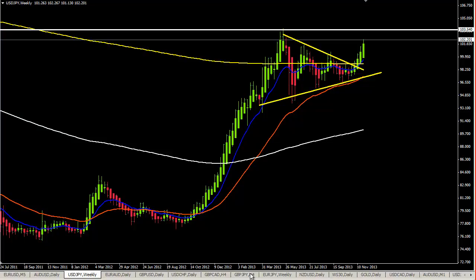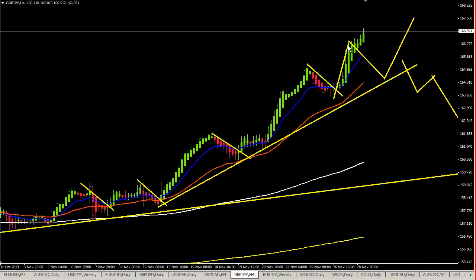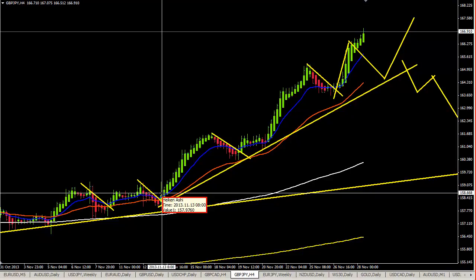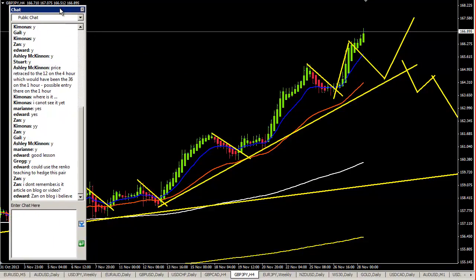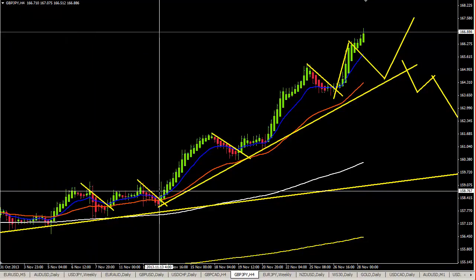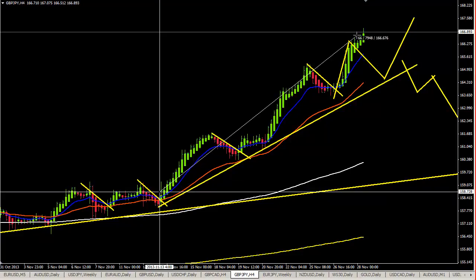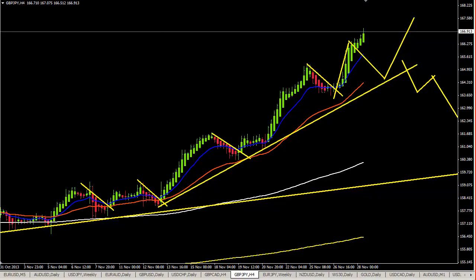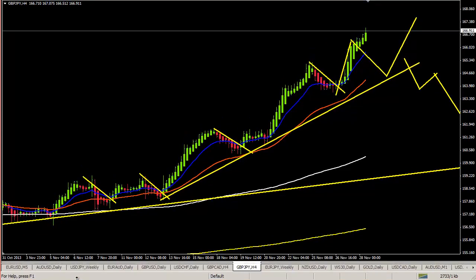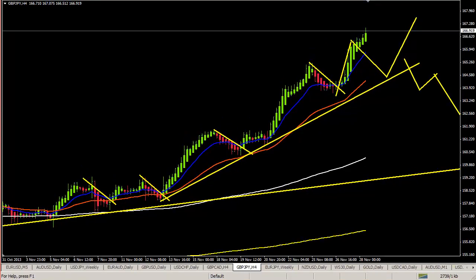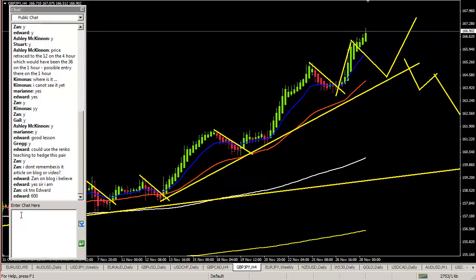Another really good example, of course, is the GBP JPY. It moved up again yesterday, and Edward is here, right? Edward, please tell me that you are still long from down here. That is about 800 or more pips profit right now. Is it correct? $600.